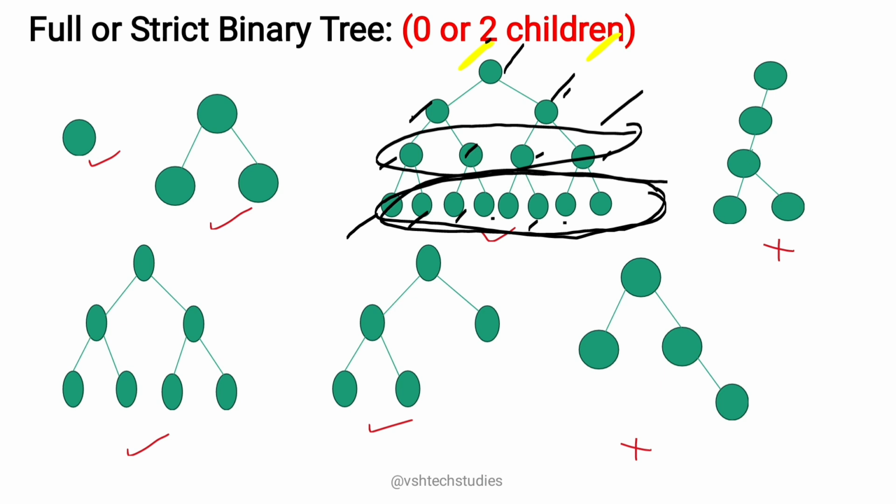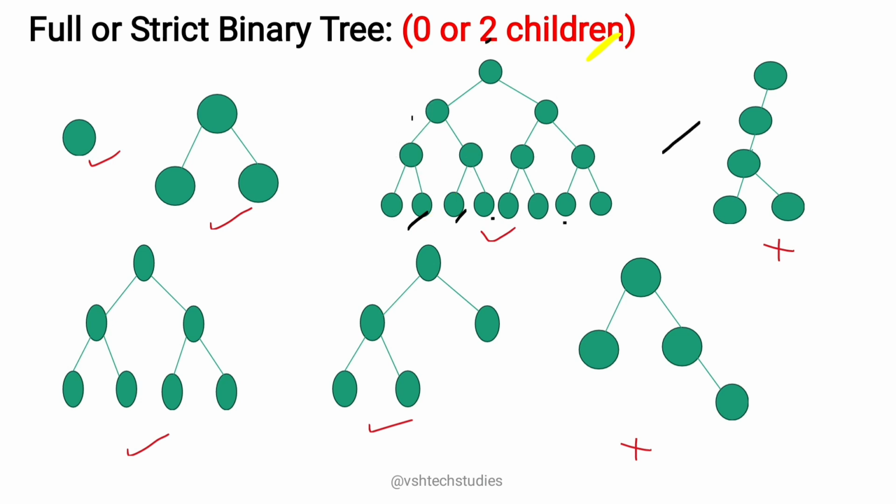So any node, if you observe, has either 0 or 2 children, and hence this is a strict or full binary tree. Now considering this tree, if every node has either 0 or 2 children, then only it can be called a full or strict binary tree. This node has only one child, which is violating, and hence this is not a full or strict binary tree.